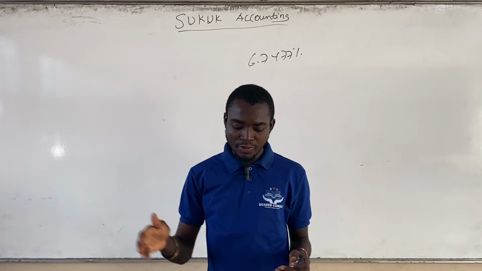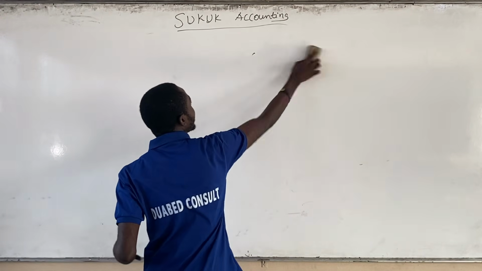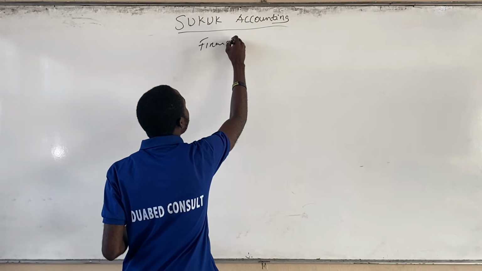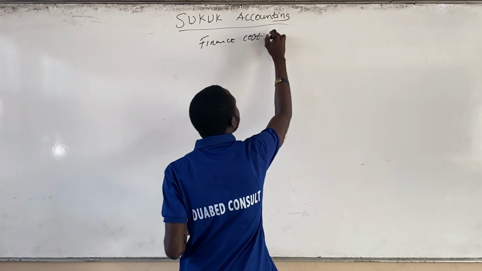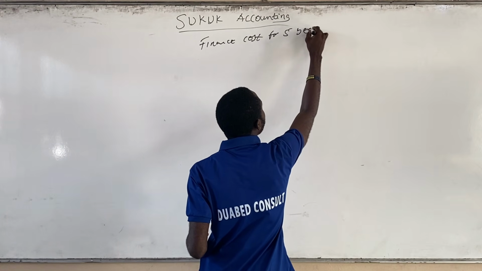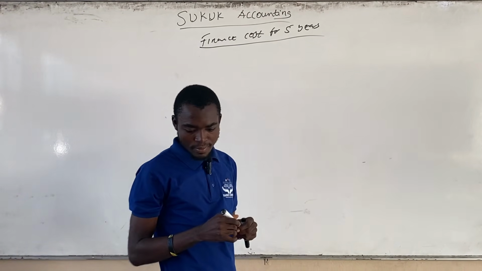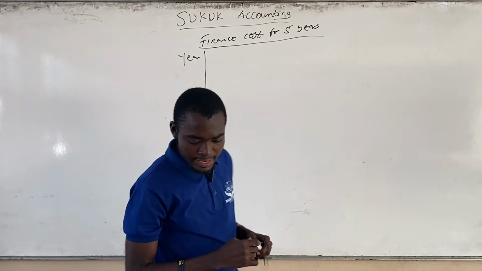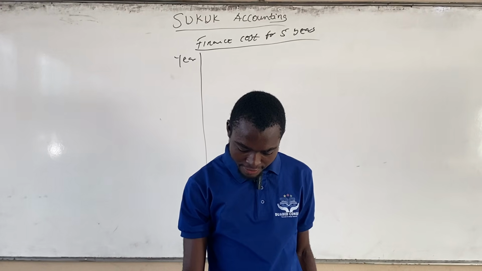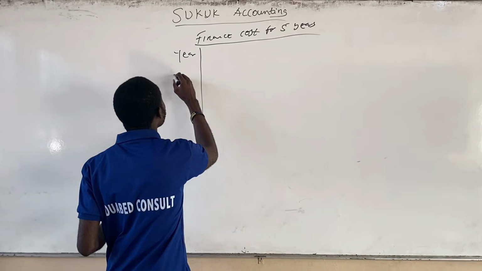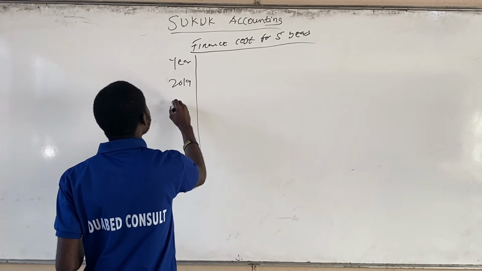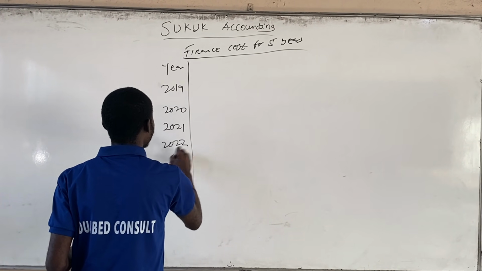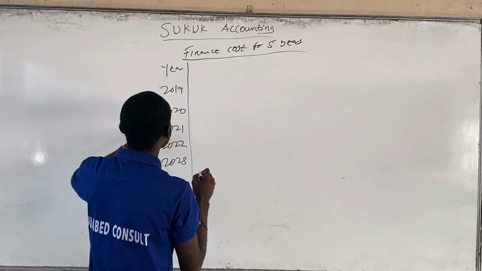So we prepare a schedule for the finance cost for 5 years. Now we create a column for year. The transaction took place in 2019, so the first year will be 2019, the second year 2020, the third year 2021, the fourth year 2022, and the fifth year 2023.